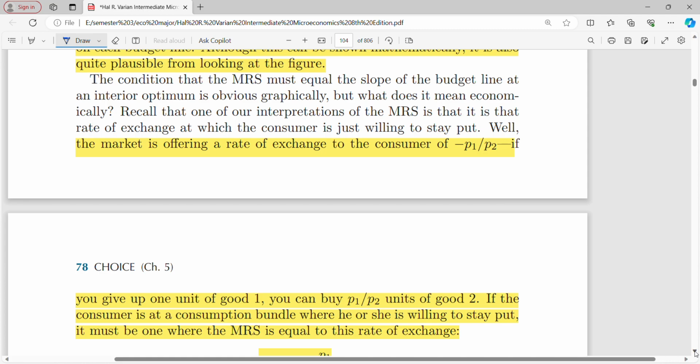Okay, so we know the interpretation of the MRS as the rate of exchange, like MRS equal to minus P1 by P2, the price ratio, will make the consumer stay at that point. If MRS is not equal to the price ratio, the consumer won't be at his or her optimum.